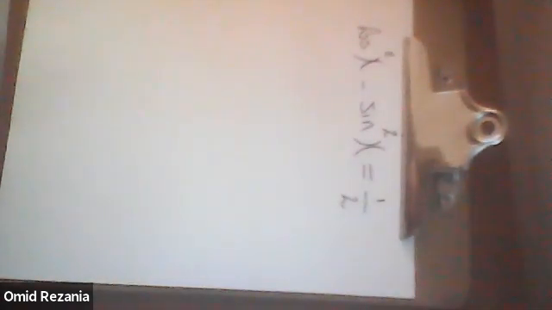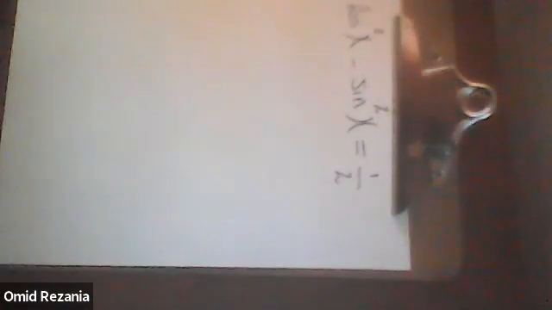We have cosine squared x minus sine squared x equals to 1 over 2.